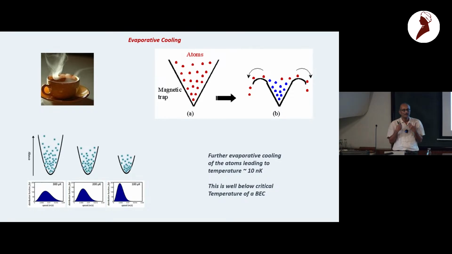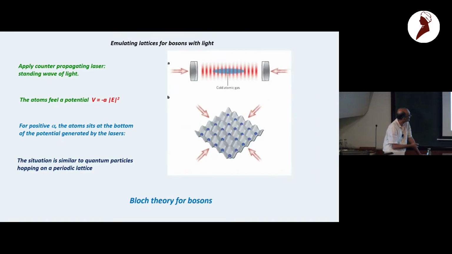But these two cooling techniques essentially allow you to go into a temperature regime where you can safely call it almost a zero temperature state. And therefore, without worrying about thermal effects, you can talk about having quantum coherent effects at really low temperature. So this is a great platform for studying low temperature physics in correlated systems.